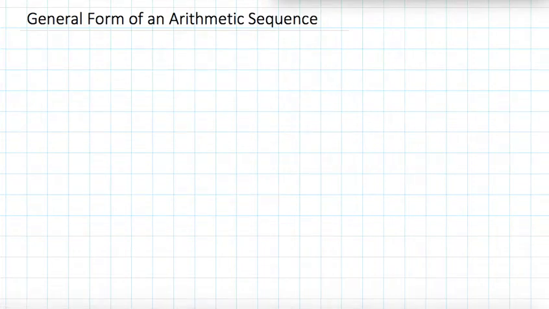Next, we're going to see what's called the general form of an arithmetic sequence, and this is a formula that we can use to find terms.